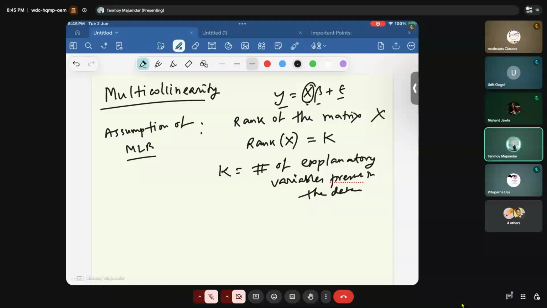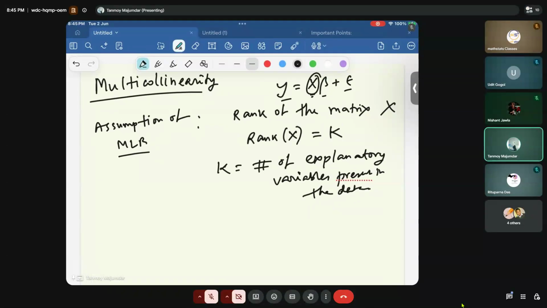To check multicollinearity, we usually use the correlation matrix and the variance inflation factor, VIF. But theoretically, if we look at the assumption of MLR, if the rank of X is less than k, there is a problem, a condition that may be high multicollinearity.